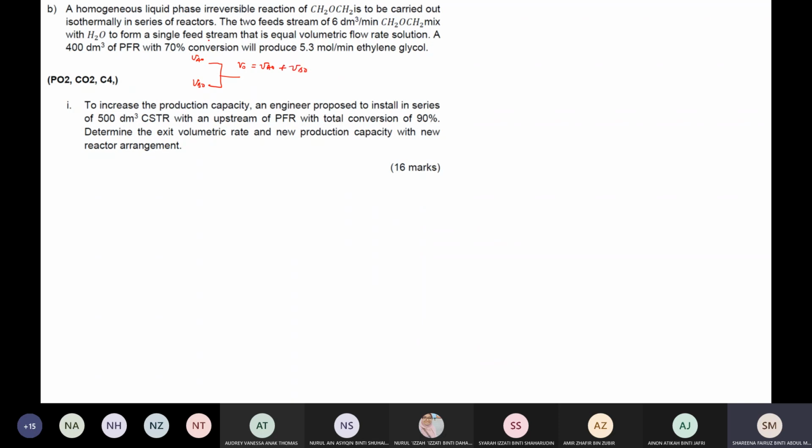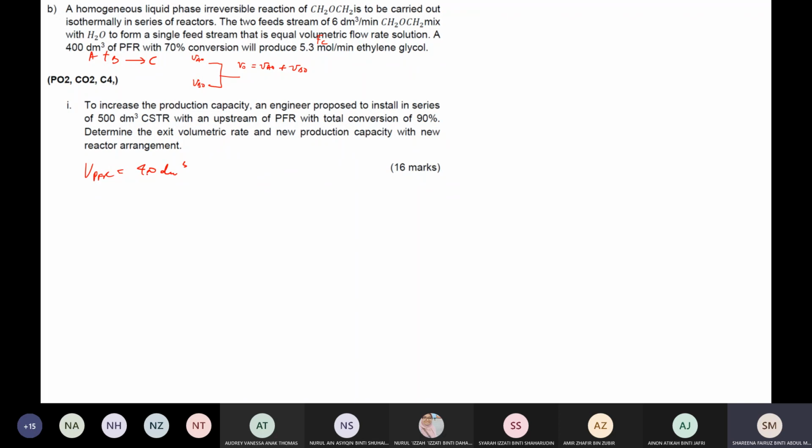So to form a single feed, a 400 decimeter cube PFR with 70% conversion will produce 5.3 mole per min ethylene glycol. So this is FC, which is the product. Now we have A plus B gives C, whereby the volume of the PFR is 400 decimeter cube.